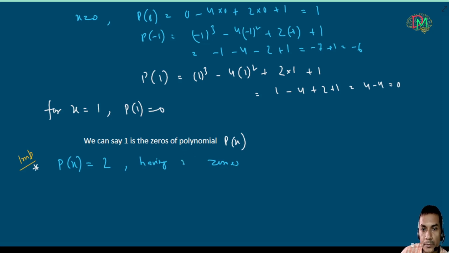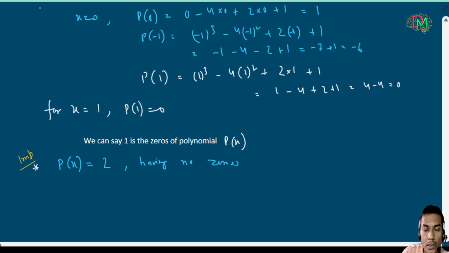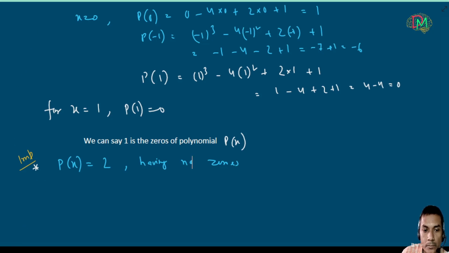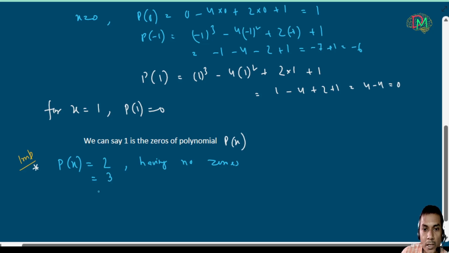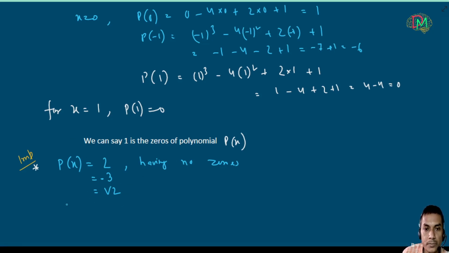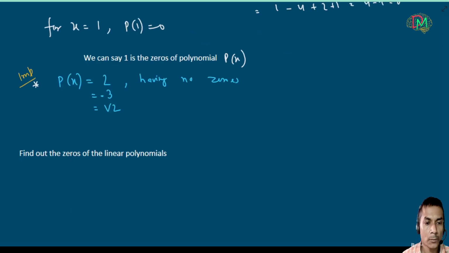Clear? It could be any constant, maybe 3 root 2, anything, minus 3. All of these actually have no zeros. Next we learn how to find the zeros of linear polynomials.